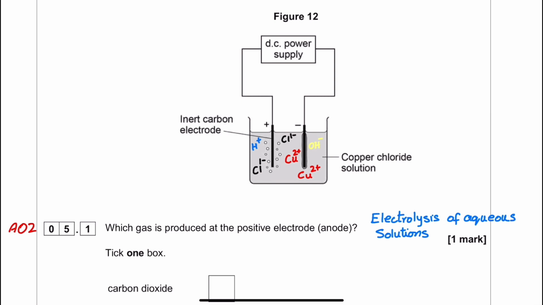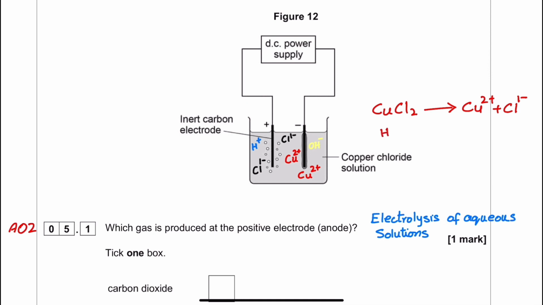The copper chloride has the formula CuCl2. When it makes a solution, it splits up into Cu2+ and Cl-.